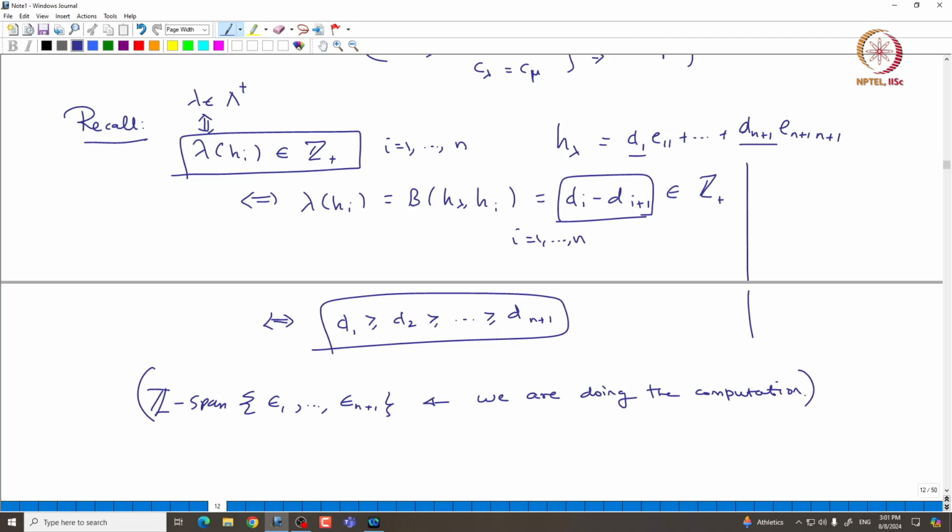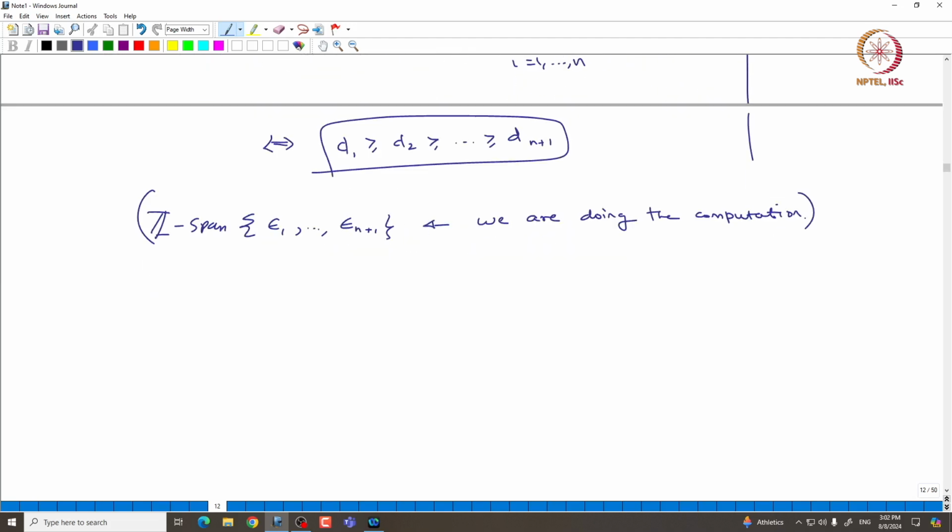But in practice, whenever we want to consider SLN representations, it is okay to consider all the di's to be integers. That is equivalent to considering either d1 is an integer or dn plus 1 is an integer. So, that demand is always there. But here we do not need to worry. These computations are not going to affect anything.